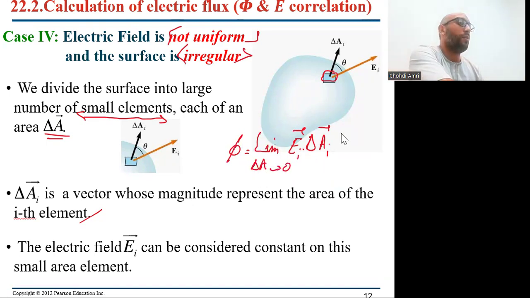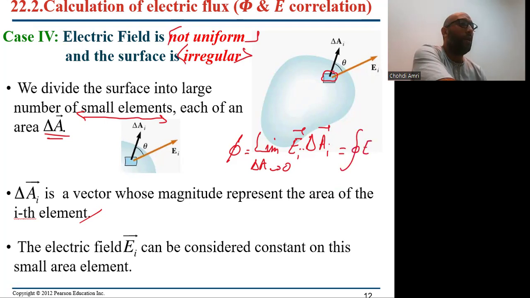So what we can say about this form is that it will be the integral of E dot dA. So from one side, the electric flux is E dot A when we have a uniform electric field and a regular shape. Now in general, the electric flux will be this equation, the integral of E dot dA.